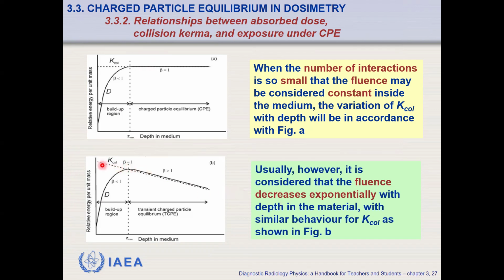We can also see how K collision is decreasing. So in the build-up region, K collision initially increases as secondary charged particles are generated. After reaching a maximum at depth Z max, the K collision starts to decline exponentially, of course following the behavior of the decreasing fluence.